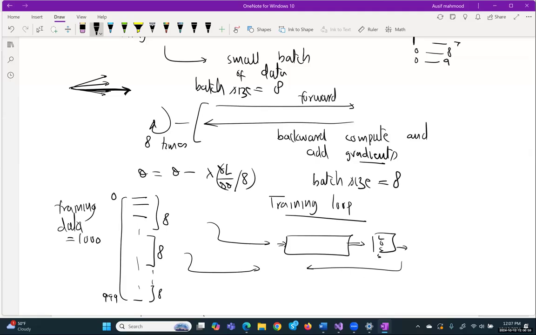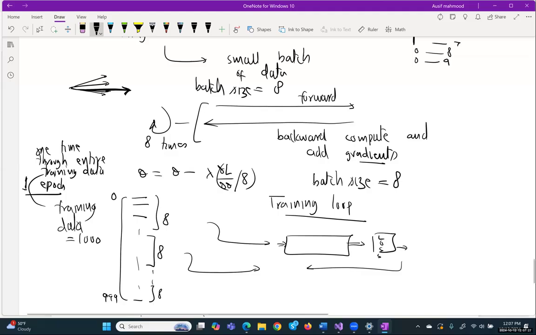So if we just went through the entire training data one time, that is called one epoch in the technical terminology.